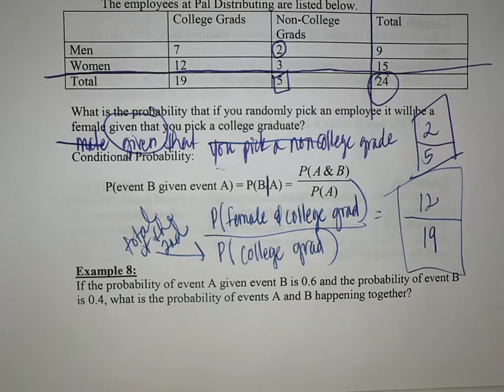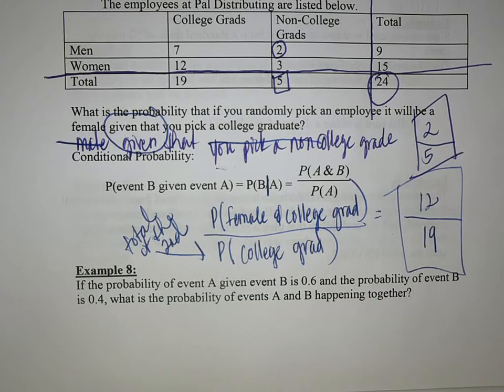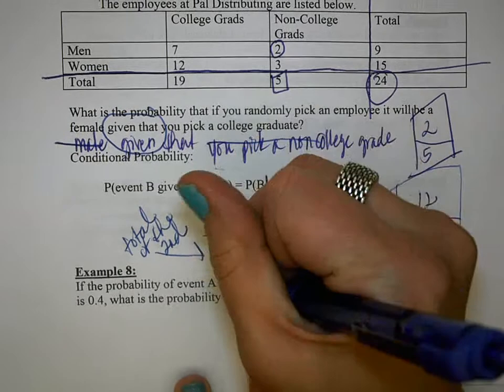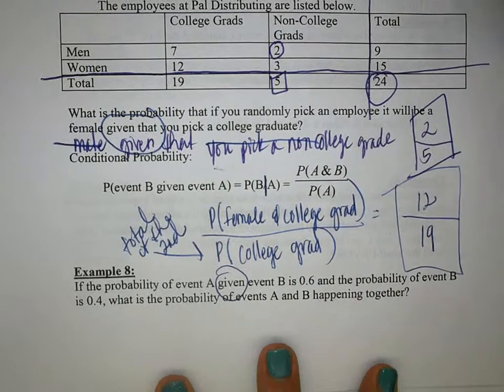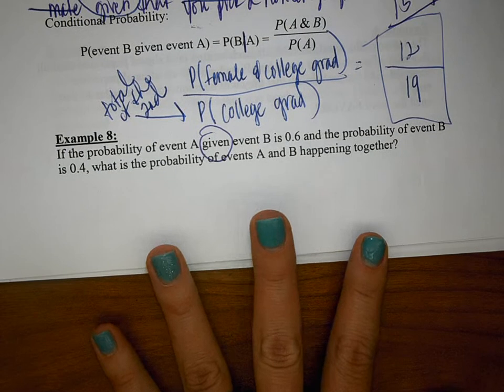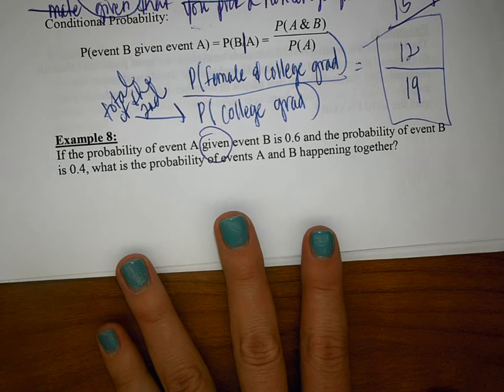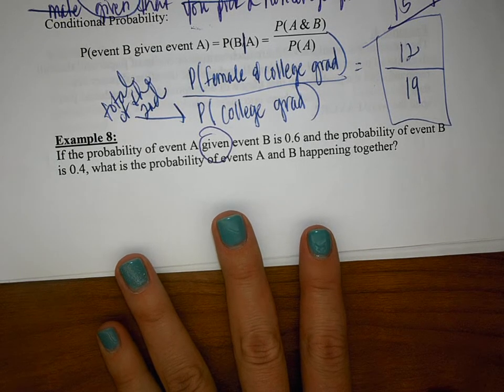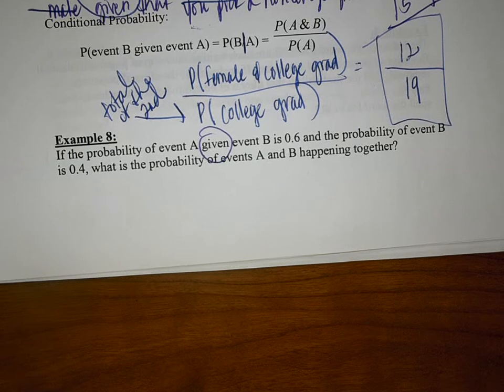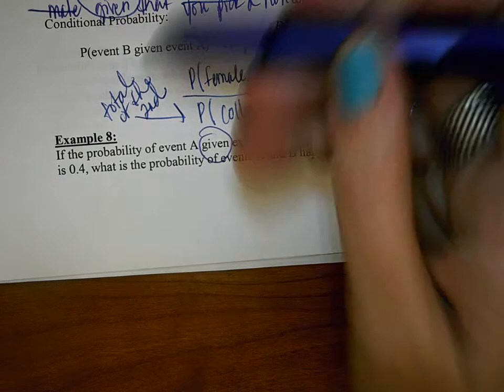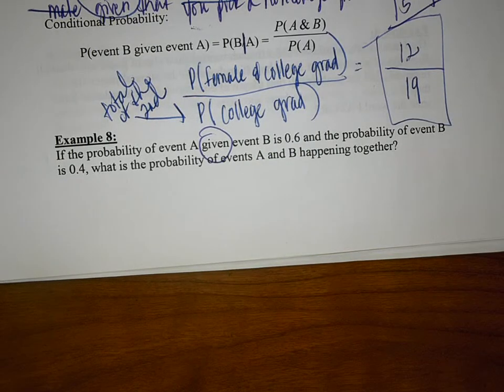Okay, example 8. If the probability of event A given event B, so this is one of those problems again, A given event B is 0.6, and the probability of event B is 0.4, what is the probability of events A and B happening together? So you're using this formula basically, and you're going to find whatever's missing.